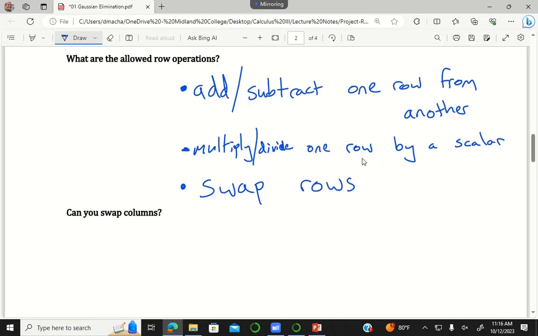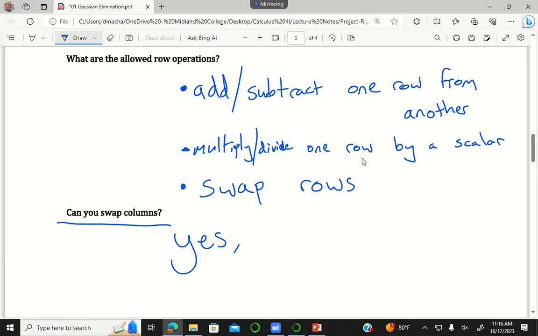The question is, can you swap columns? And the answer is yes, you could swap the columns, but remember that our columns were representing the coefficient on x, the coefficient on y, and the constants.